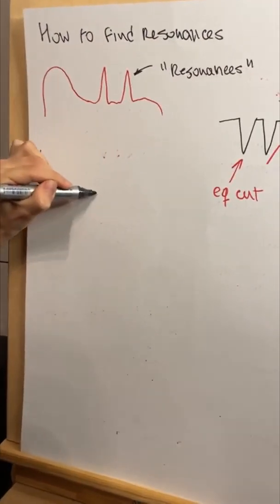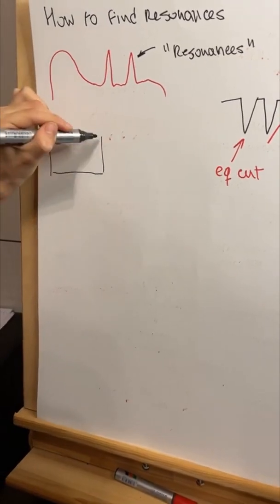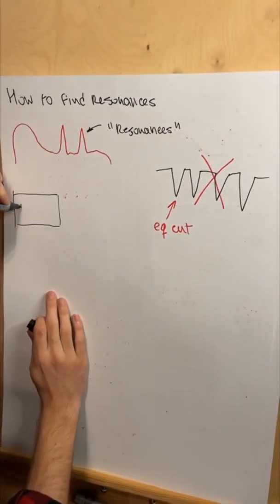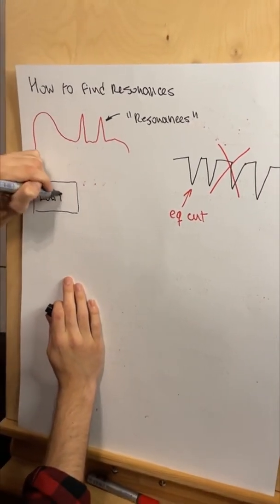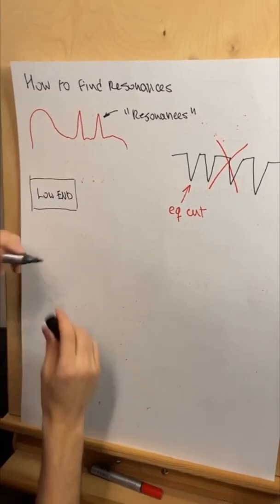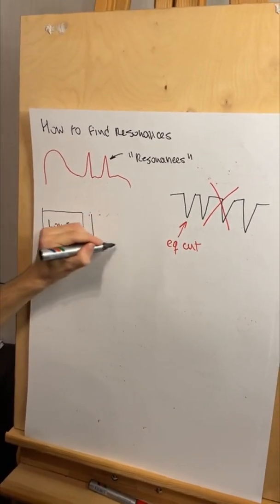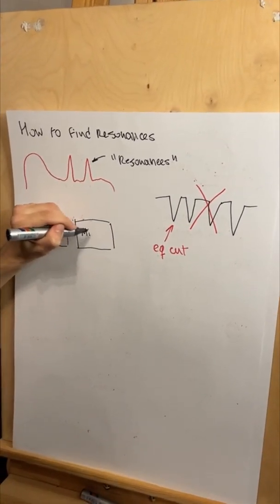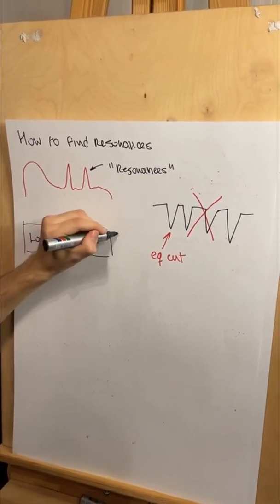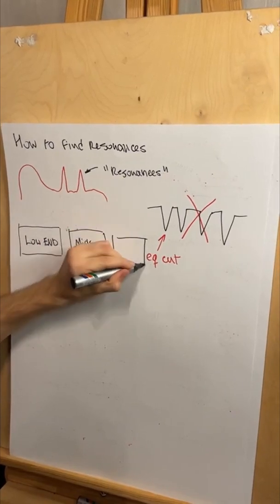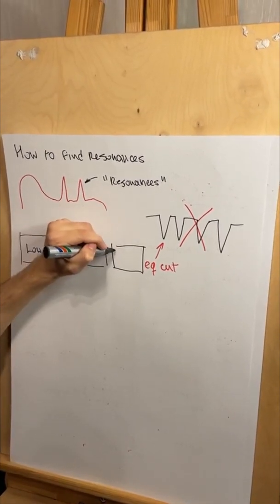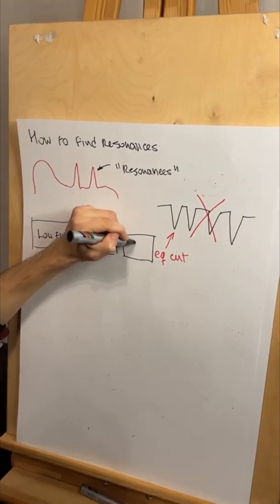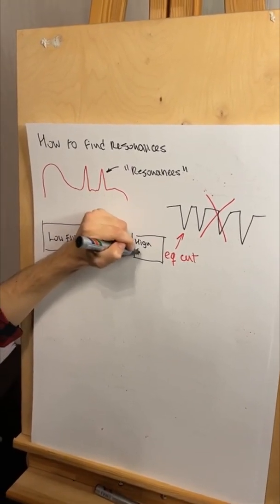To find resonances, you need to learn the basic bands. So it's the low end. Then we could talk about mids. And we could also do the top, high frequencies.